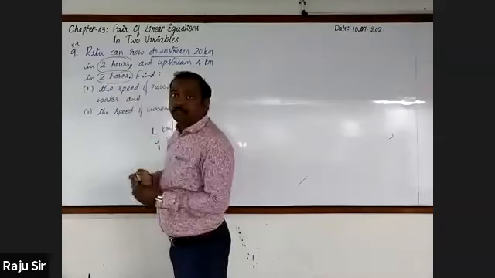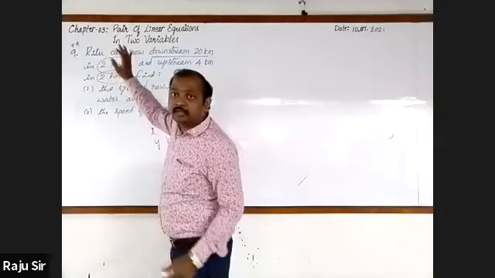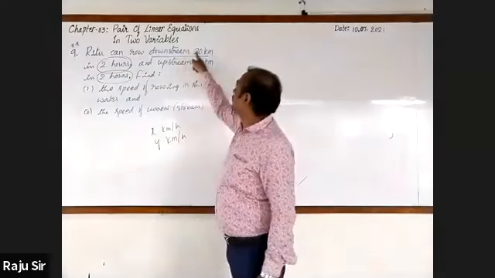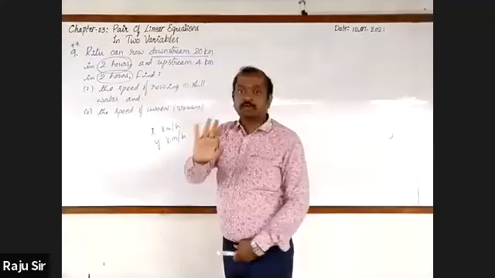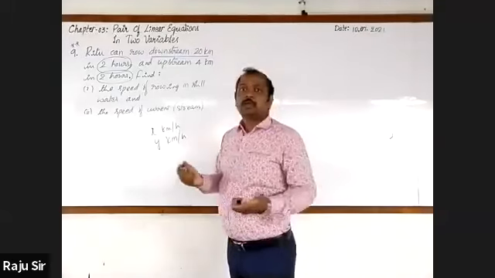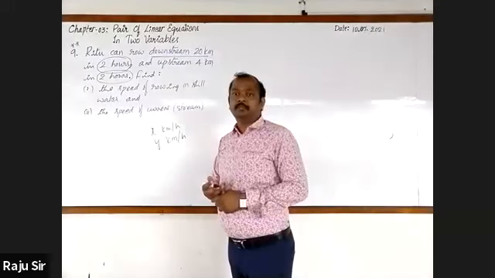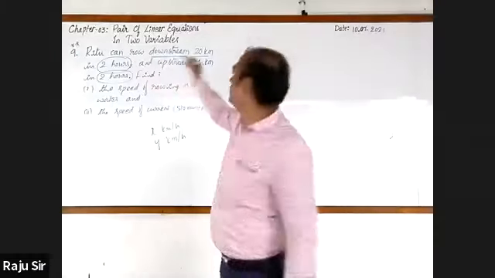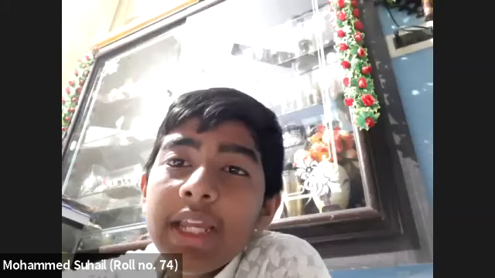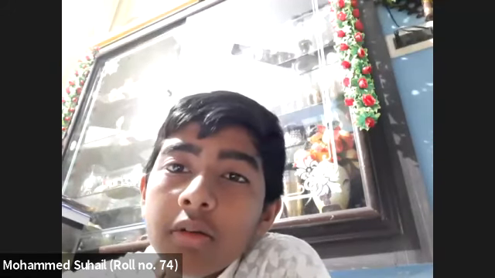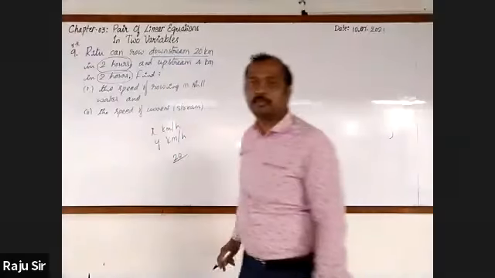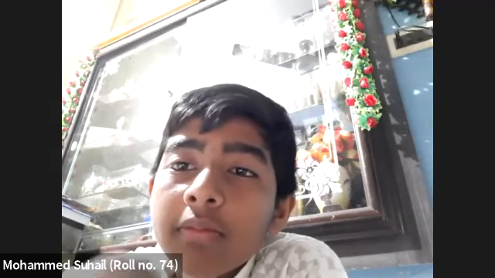In the first sentence, they have given the time taken to cover 20 kilometers in downstream. We have a formula to find time: time is distance by speed. The distance covered is 20 kilometers and the speed in downstream is x plus y.